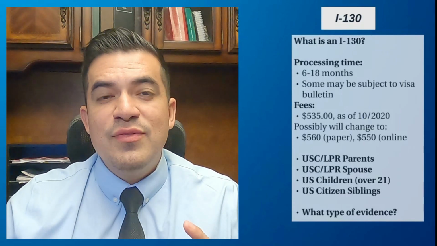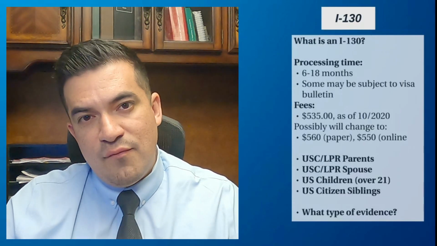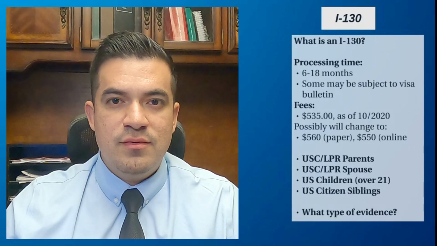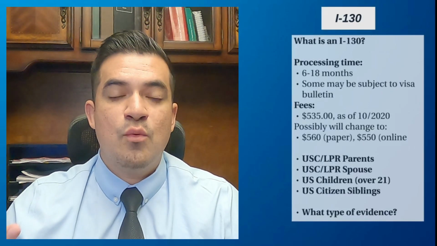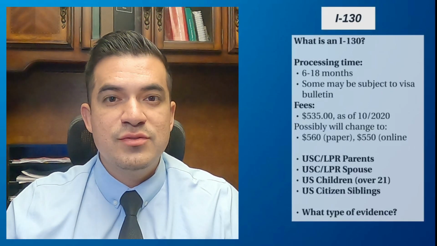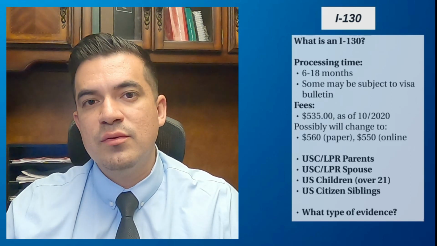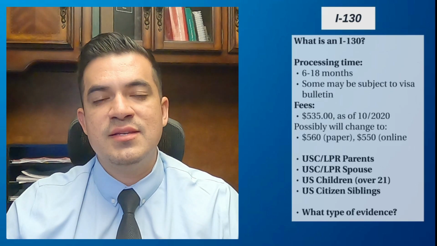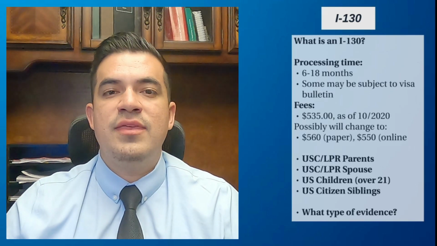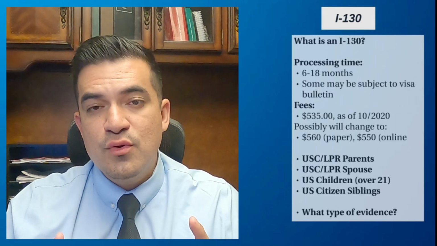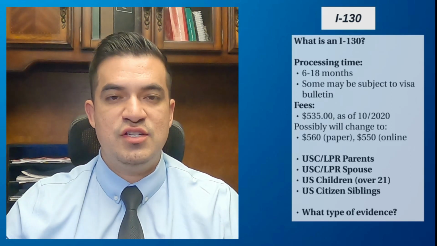So first, the I-130. That's when a family member is petitioning for another. That can be a U.S. citizen or a U.S. resident parent or spouse, or a U.S. citizen child 21 years or older, or a U.S. citizen sibling. Now, what we have to prove is that the relationship is legitimate.